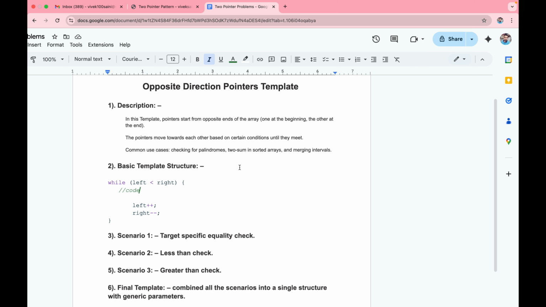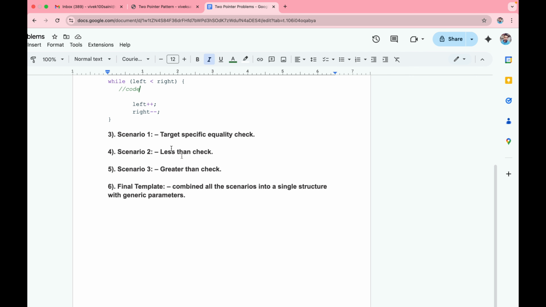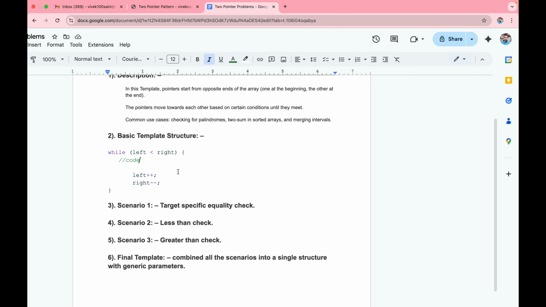I will provide you a few use cases. By using them, you will understand how we can have scenarios in our problem, and how we can cross-check our scenarios. Then we will combine all these scenarios. Let's say we have three scenarios and one basic structure.